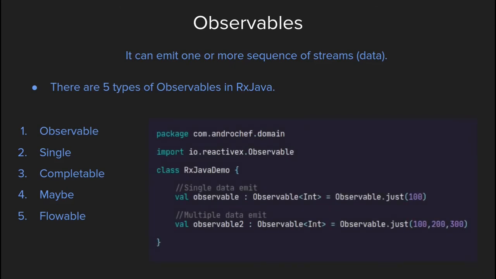In this example, as you can see, I have two variables which are observables. The first one emits only a single value, the second one emits multiple values, and these two are observables of type int. So these two observables will only emit data of int type.